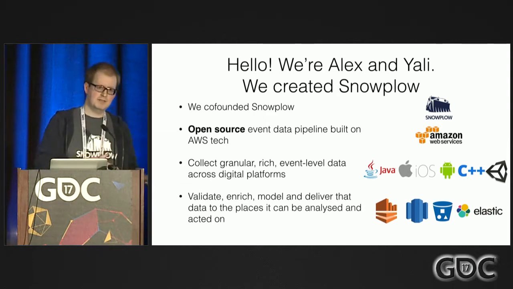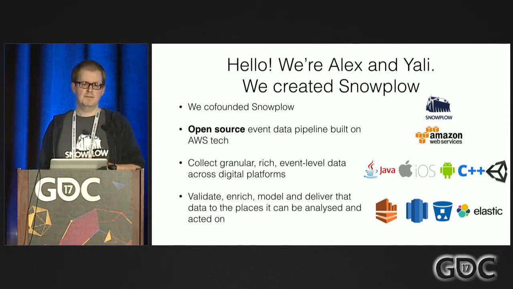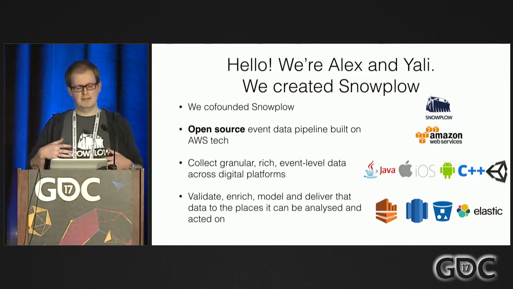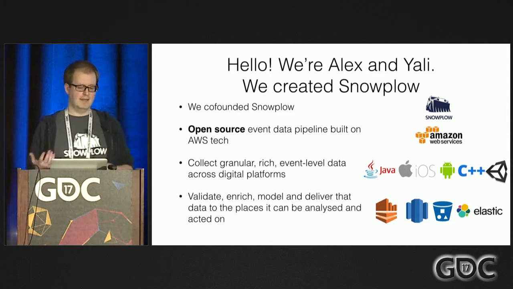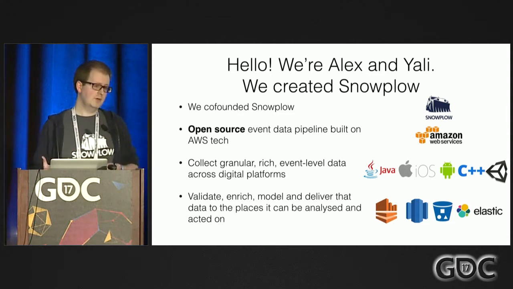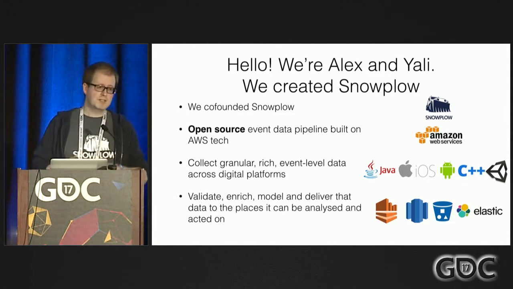We collect your data, we validate your data, we add extra stuff to your data like geographical location. We model that data, and then we deliver it into different databases that you can use to analyze it. So from an AWS perspective, we support Redshift, S3, Elasticsearch Service, things like that.